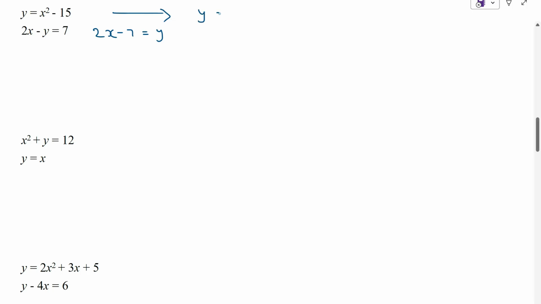So y equals x squared minus 15, and we have a substitute equation for y, which is this. So therefore 2x minus 7 equals x squared minus 15. Now let's get this equation to equal 0 so we can factorize and solve.